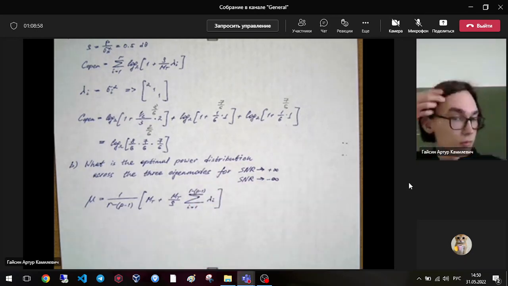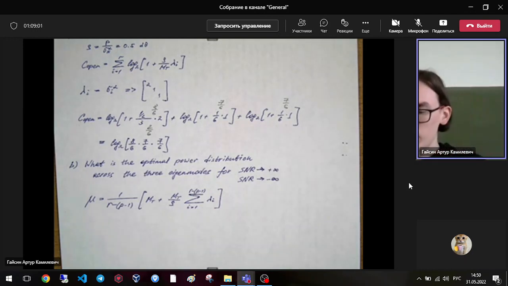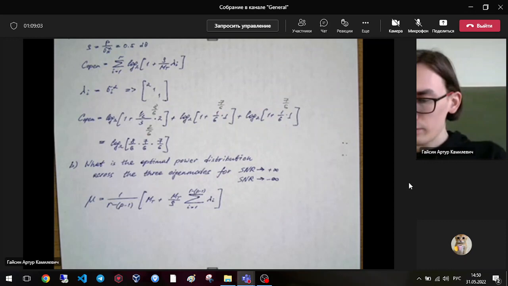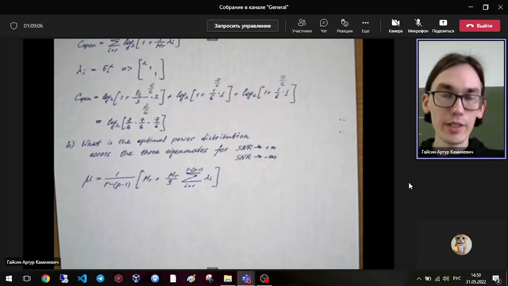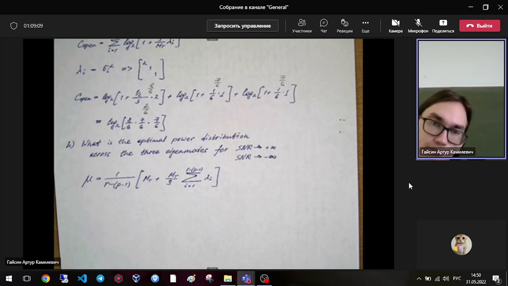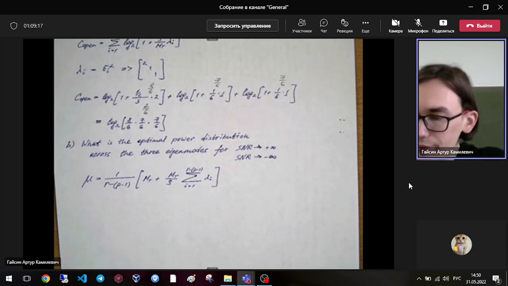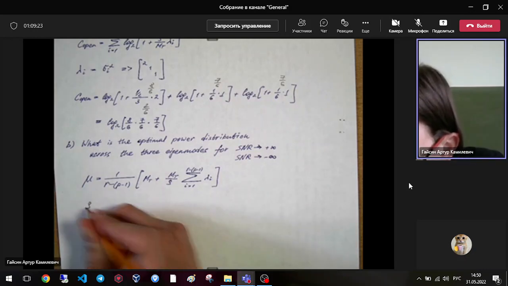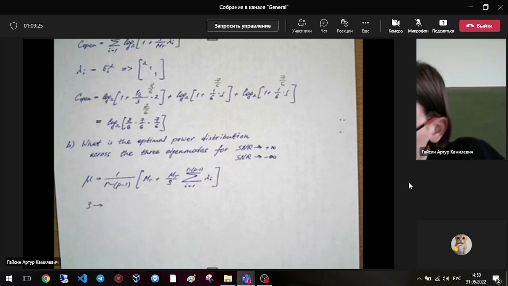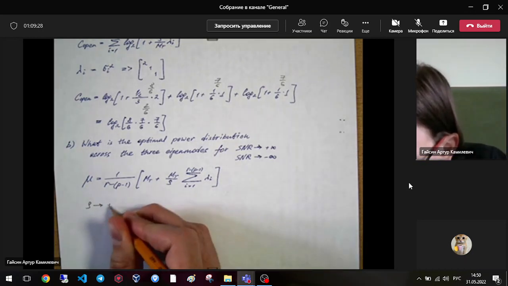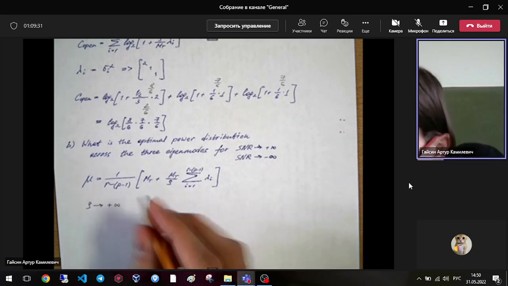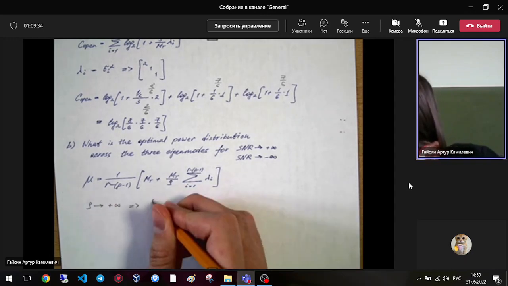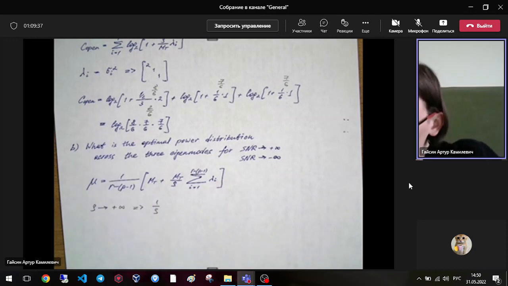So first, let's see what we have in water level. So in this case, we need to think about these things, something like a logical solution. So what if first, for example, rho goes to plus infinity? From this thing, we can say that 1 divided by rho goes to 0.